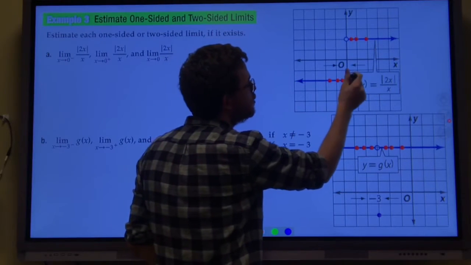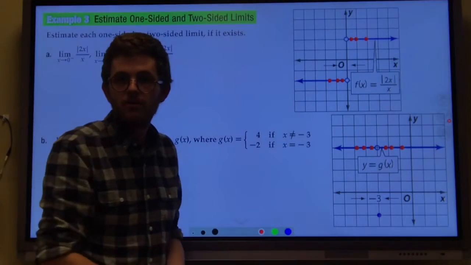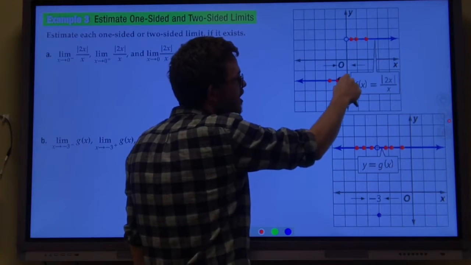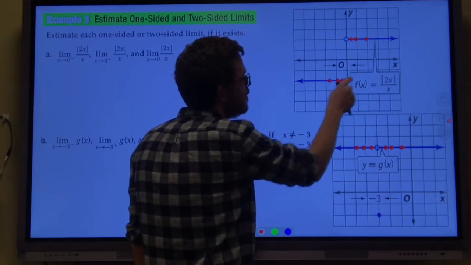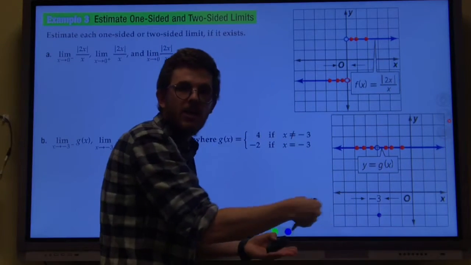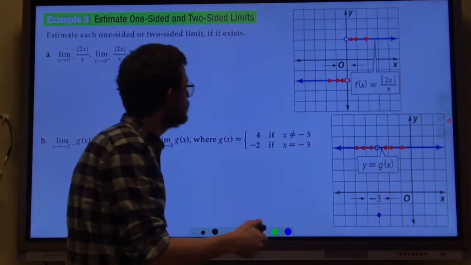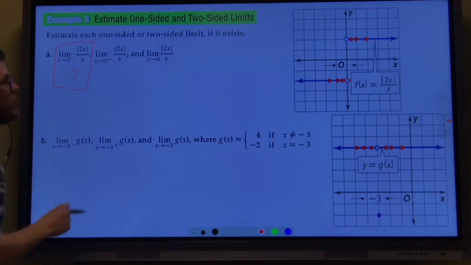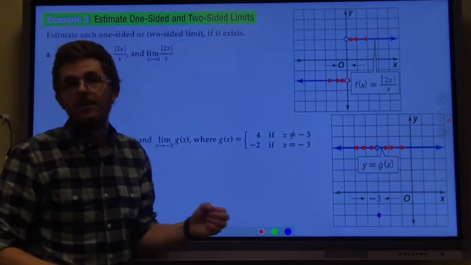As we get closer and closer to 0, it's still approaching -2, even though at 0 there's an open circle. So the limit as we approach 0 from the left side is -2.